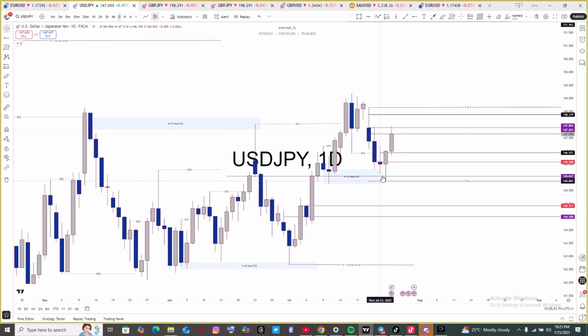That means the daily time frame is bullish, and this candle was reacting to this place, which was on Thursday, and today Friday was bullish. So there are probabilities that next week is going to be bullish too on USDJPY.